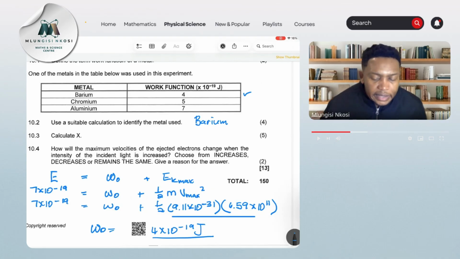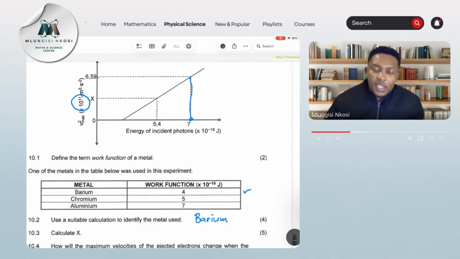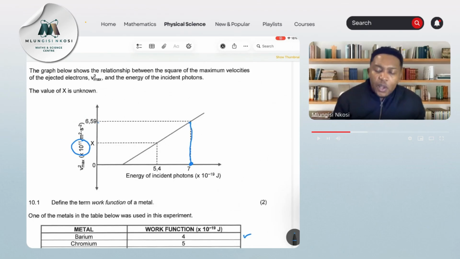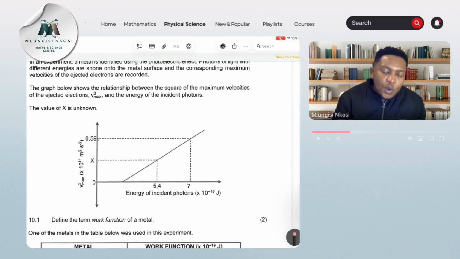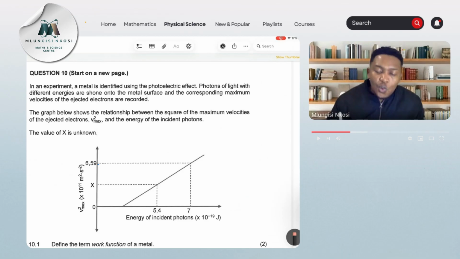Right, and then they say to us, calculate X. So now that we are looking for X, we now know what the work function is. We're looking for V max squared. So I'm going to say E is omega 0 plus EK max.